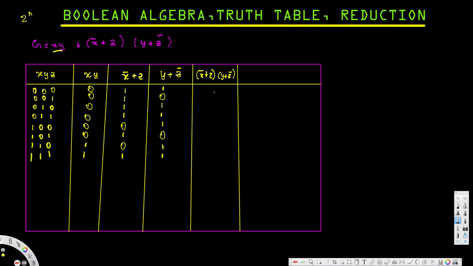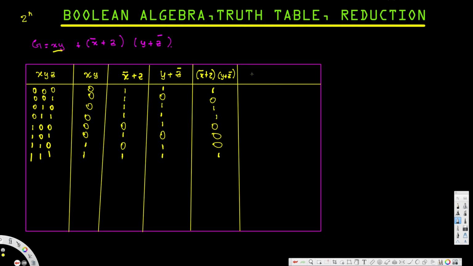So this one, both of them are 1, so we are going to get 1. Here we have 1 0, so this is 0, 1, 1. Here we have 1 0, 0 1, 0 0, 1 0 0, and this is 1. So this is what we are getting from ANDing these two together.